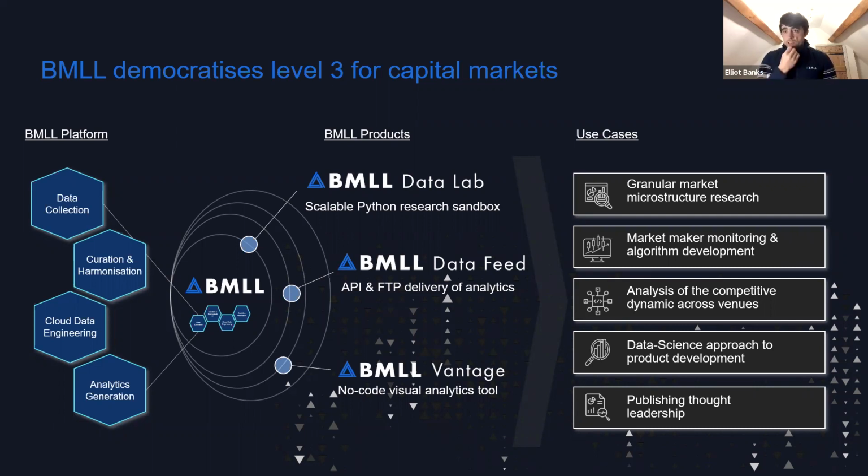And we have customers across the buy side, across the sell side, across exchanges who use our data for granular research of the microstructure of what's going on deep within the order book, using it to either monitor or develop their algorithms from a market making or an execution point of view, analyze and understand the competitive landscape of markets, and then turn that into marketing, product development, and really across the entire value chain of the capital markets, equities and futures trading landscape.